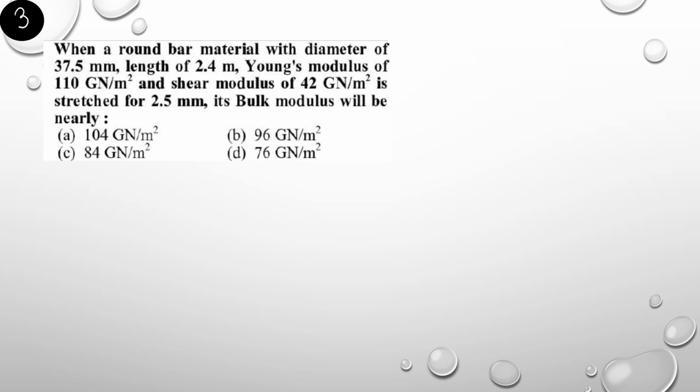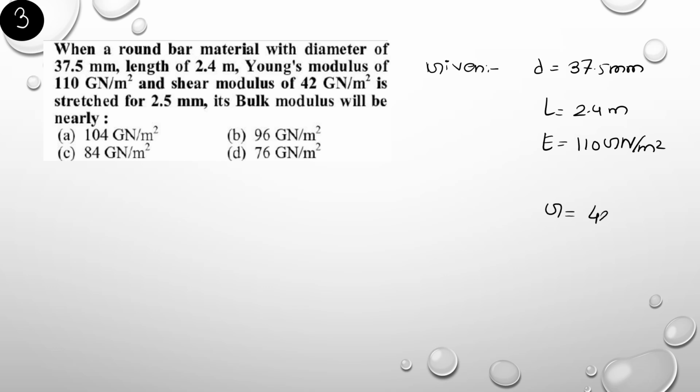Then question number three. The third question is, a round bar material with a diameter of 37.5 mm. Here we write the given: diameter is 37.5 mm, length is 2.4 meter, Young's modulus is 110 giga Newton per meter square, and shear modulus, represented by G, is 42 giga Newton per meter square.